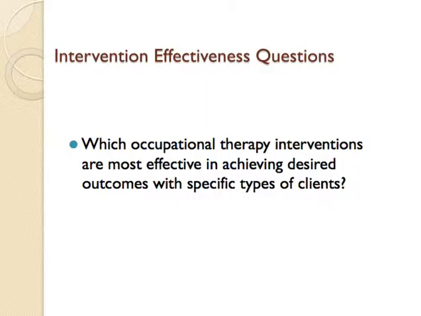Intervention, as I mentioned earlier, intervention effectiveness questions ask the main core of what evidence-based practice is. And those questions ask, which occupational therapy interventions are most effective in achieving desired outcomes with specific types of clients?